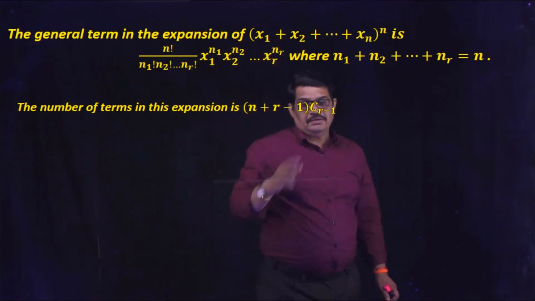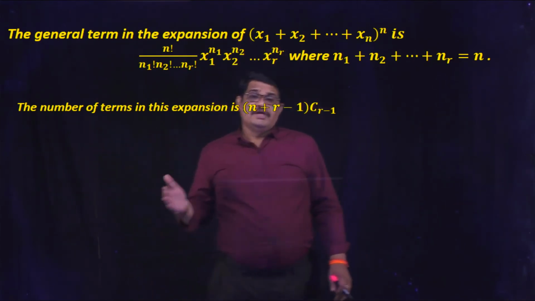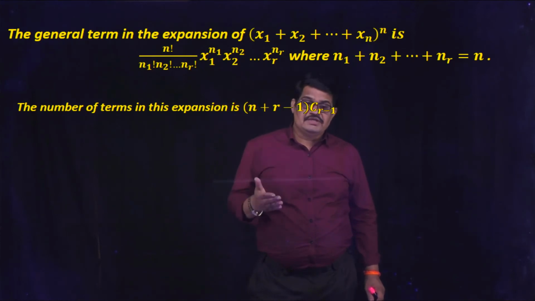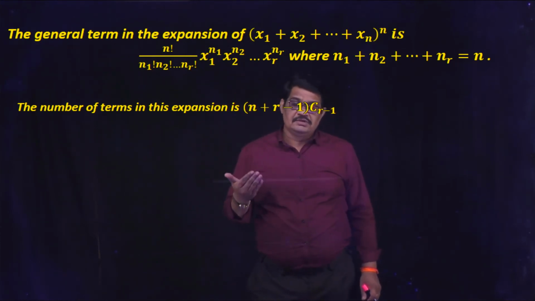So this is the general term in the expansion of (x1 + x2 + ... + xn)^n. In that there are n terms.